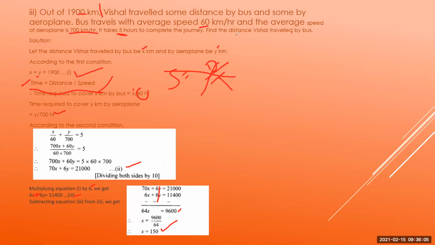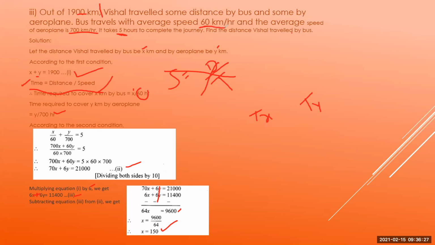How did the second equation come? What was given to us? We have found two times. Suppose this tx is for bus and this ty is for aeroplane, right? These two times we are given. The bus travels with an average speed of 60 km per hour.